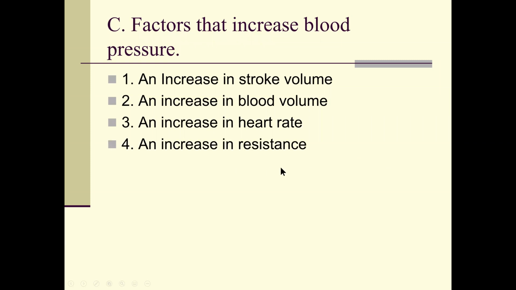And an increase in your resistance. If your resistance is clamped down, then that's going to increase your blood pressure. Hopefully that's intact in each and every one of you, because when we sit down for a long period and stand up, we increase the resistance by clamping down on some of our venous system so that we can maintain blood pressure in our head till we get used to standing up.